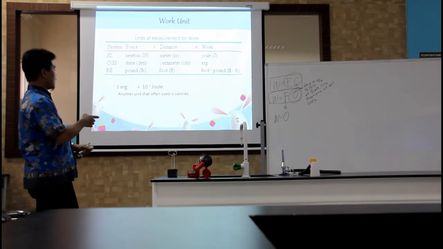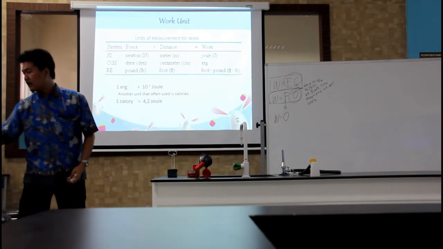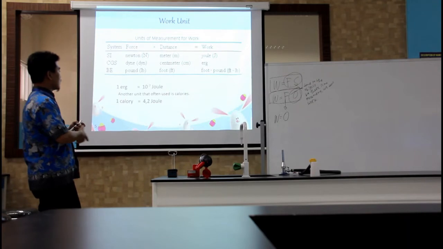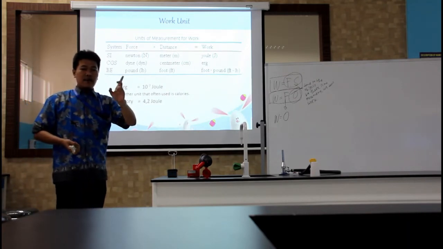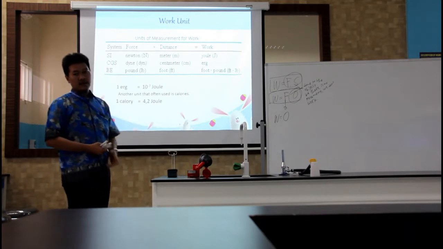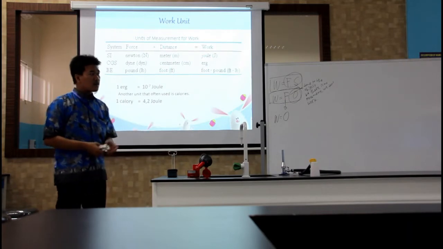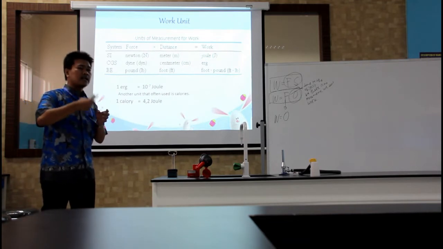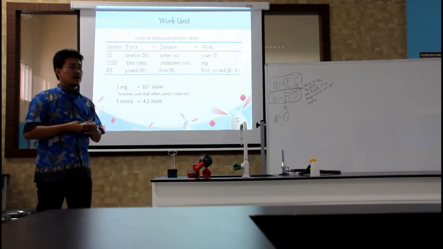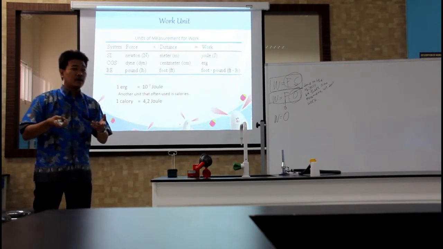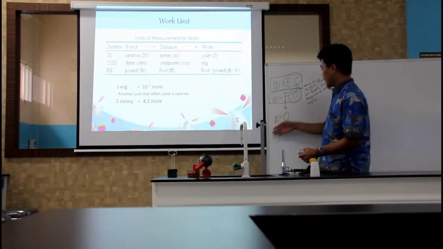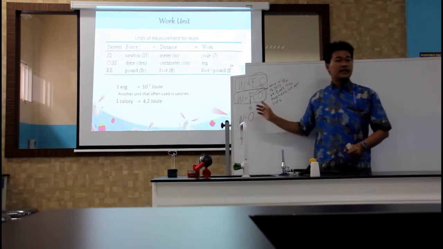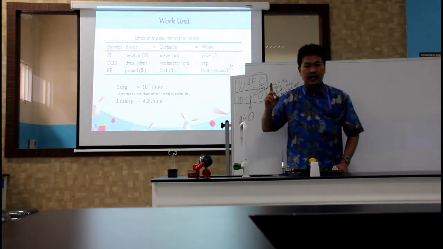1 joule. Or we can use the calorie. 1 calorie is 4.2 joule. What is another unit, if we don't use the joule? You can derive it from this equation. Understand?